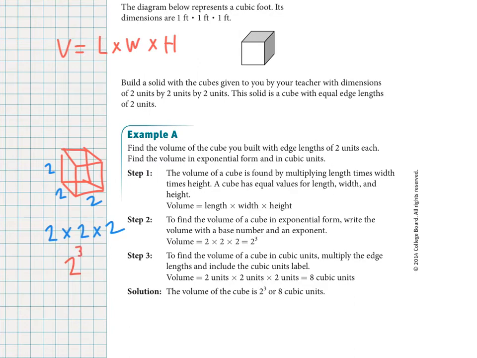So a way to write that in exponent form is 2 to the 3rd power. Notice the 3 is raised, it's called a superscript. Subscript would be lower. So the volume, as an exponent, is 2 to the 3rd power. And if we multiply that out, 2 times 2 is 4, times another 2. The actual volume of this would be 8 cubic units.